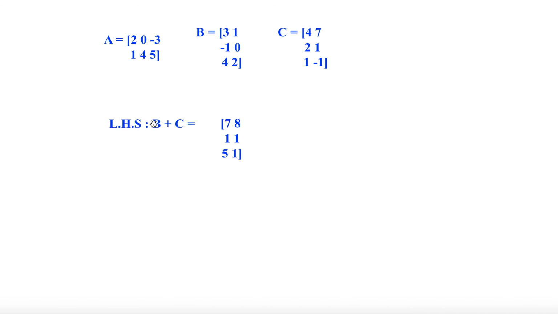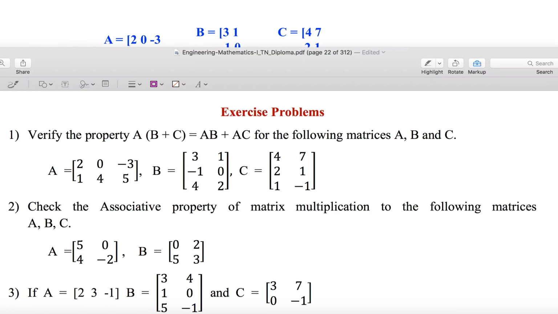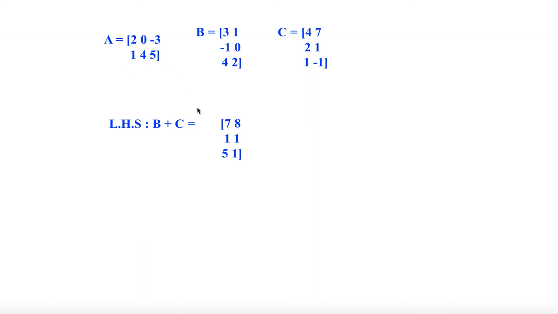We are proceeding with the LHS side, so A into B plus C is what we want now. This is A, and this is B plus C. Now what do I have to write here?